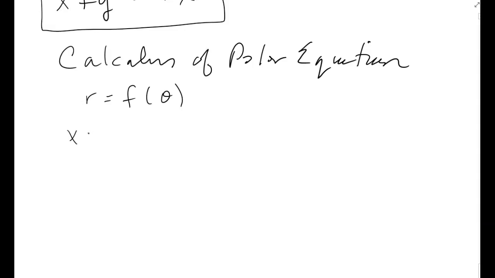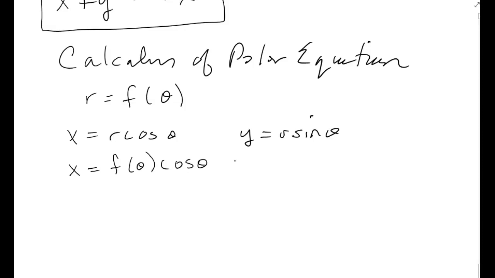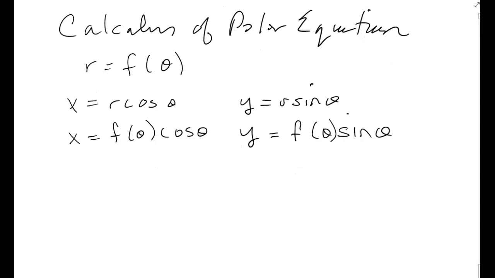We also know that if x equals r cosine theta, y, of course, equals r sine theta. So we can replace those r's. X equals f of theta cosine theta, y equals f of theta sine theta.